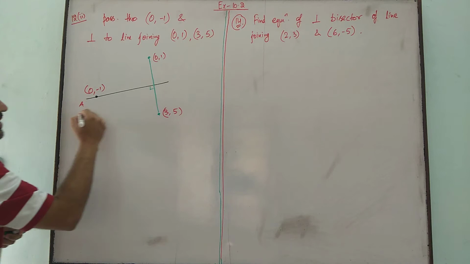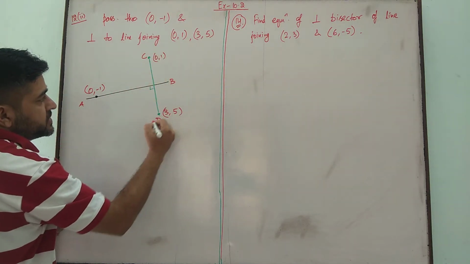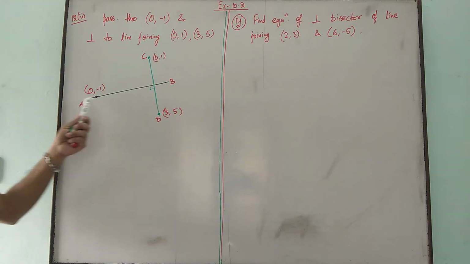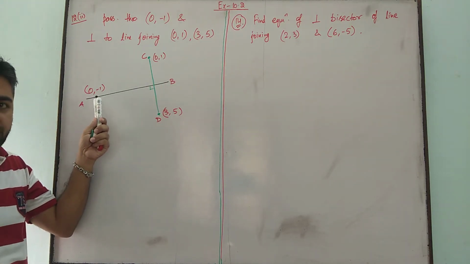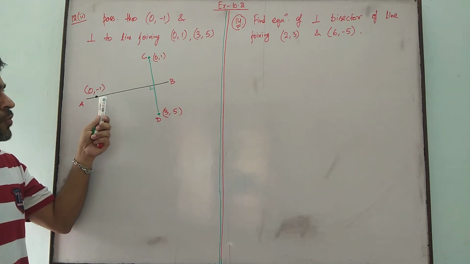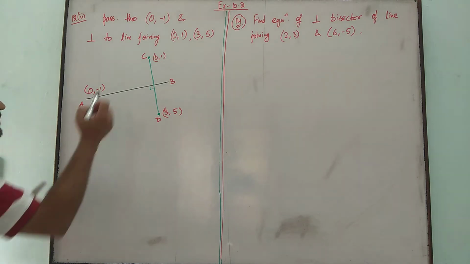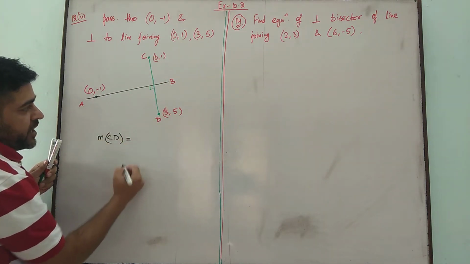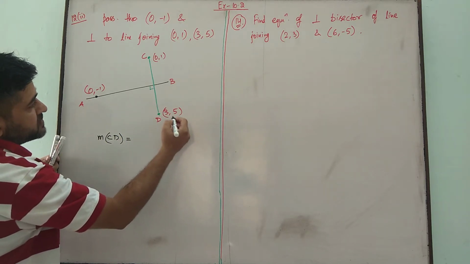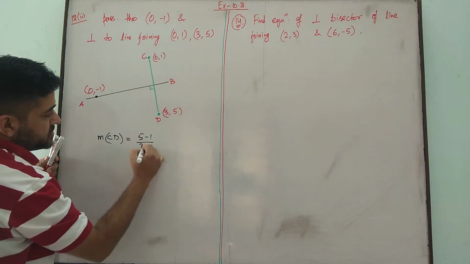Let us say we are finding the equation of line AB and CD is the perpendicular line. So if we know that it passes through one point, we can use the one point form. For that we need its slope. Now you can see the slope of line CD we can find by using (y2 minus y1) upon (x2 minus x1), that is (5 minus 1) upon (3 minus 0).